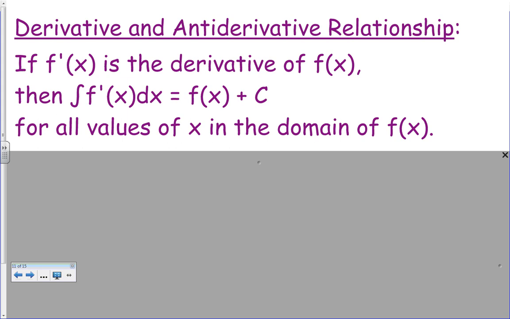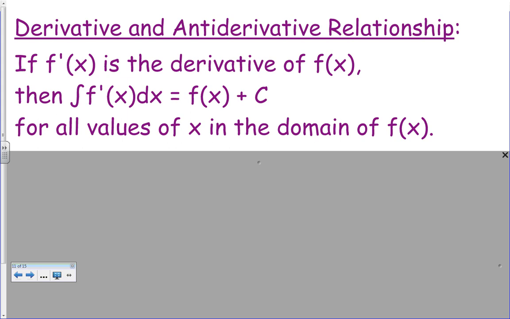So as long as your function and your derivative have the same domain, no problem. You can use this property over and over again like we've done. It's the functions where the derivative and the original function have different domains that we run into problems. In particular, we're going to see that with this ln of x function.